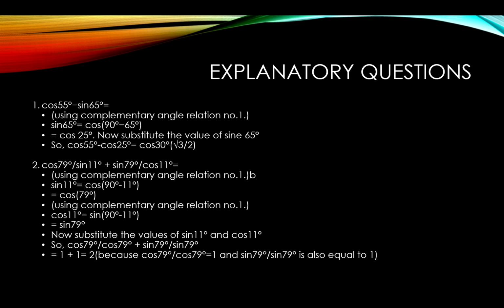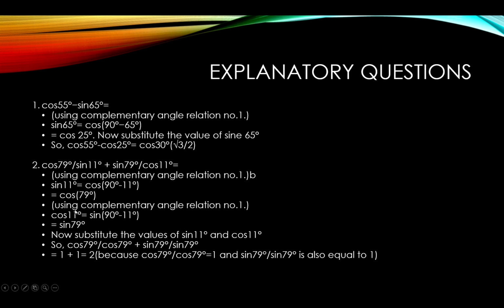Question number 2. Cos 79 by sin 11 plus sin 79 by cos 11. So first we will be using the complementary angle relation number 1 for sin 11. So sin 11 is equal to cos(90 - 11), which is equal to cos 79.